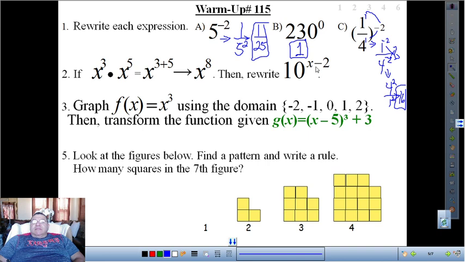All right, number 2. So 10 to the x minus 2 power. So it's 10 to the x times 10 to the negative 2. Is that correct? Yeah. And you're saying, why do you rewrite it like this, Mr. Q? Well, if these are the same base, that means we can write it as one base. And what happens to the exponents? We add them. That's why we write x plus negative 2 or x minus 2.